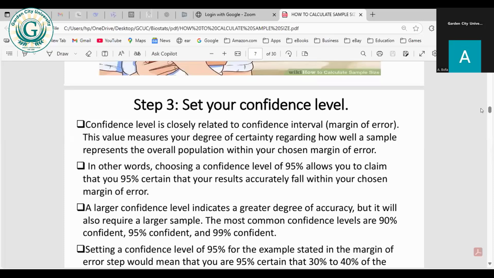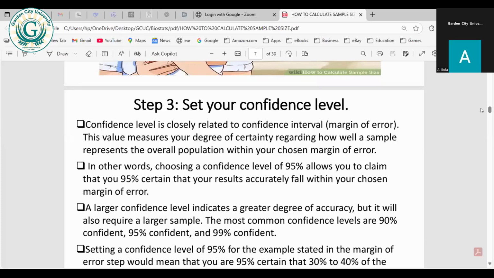But in most cases, we use a confidence level of 95%. That's most cases, about 95 out of 100. Most of these researches use a 95% confidence level, and at times you get 99.